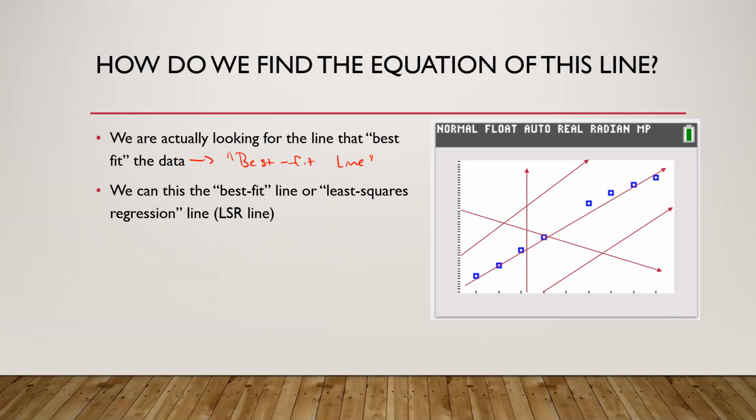You'll hear me say these synonymously with each other, best fit line or least squares regression line. So this concept of LSR, least squares regression, is how we find the best fit line. So what the heck is this least squares regression?